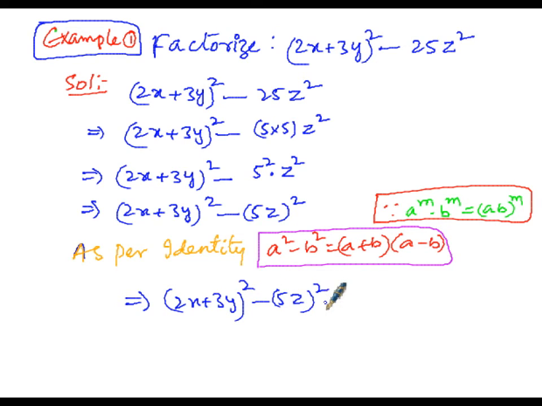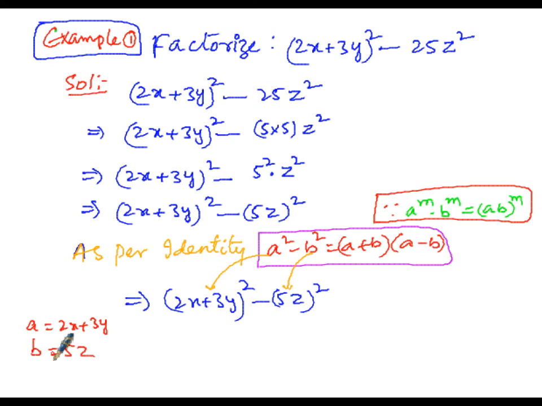Now by comparing, a is 2x plus 3y and b is 5z.